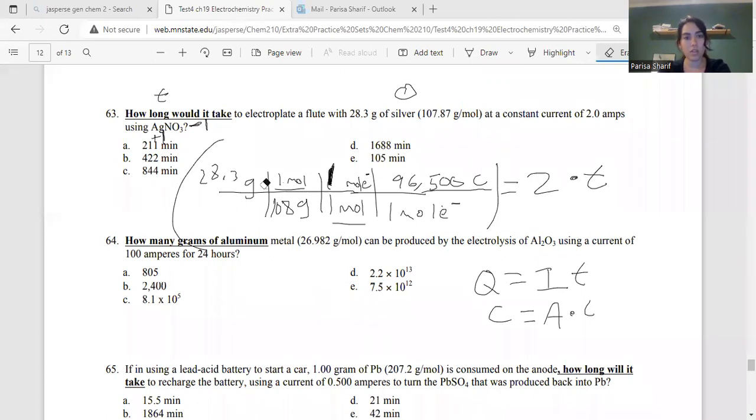So I'm just going to erase the lines just so you can visibly see that this is just a multiplication and division problem. So that's how it works. This times this times this divided by that times this times this. So let's put this in the calculator, see what we get.